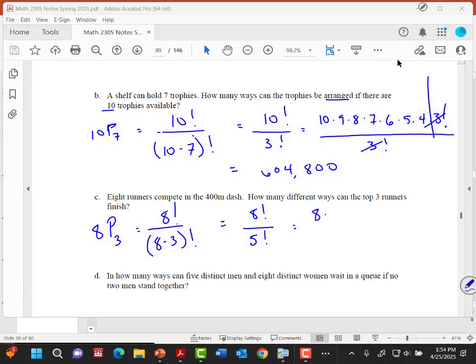So this would be 8 times 7 times 6 times 5 factorial over 5 factorial. And if I were to multiply these out, this is 8 times 7 times 6. So 336.